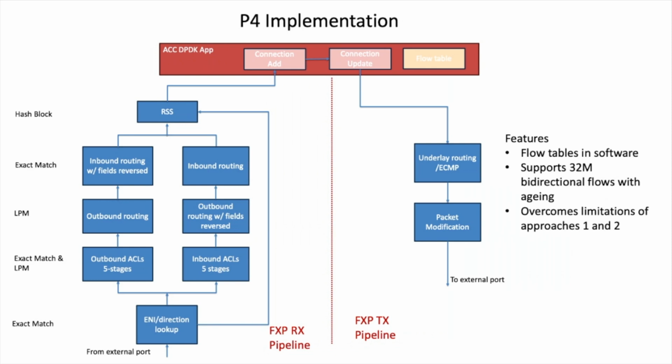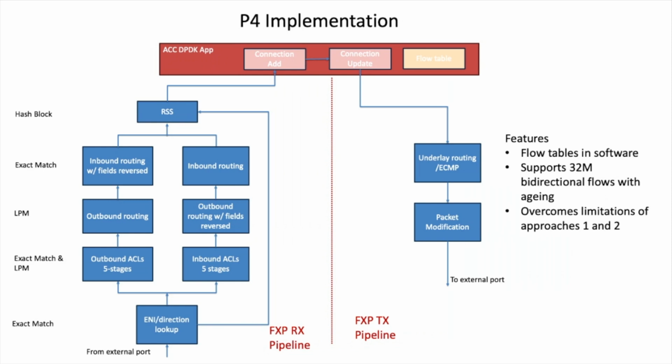So basically the ENI and direction lookup are done in an exact match block, and depending on the direction, the respective ACL policies are applied, which could be inbound or outbound. And these are again 5-stage lookups with Dash requiring 5 network security groups in each direction. That of course we apply outbound routing and inbound routing.